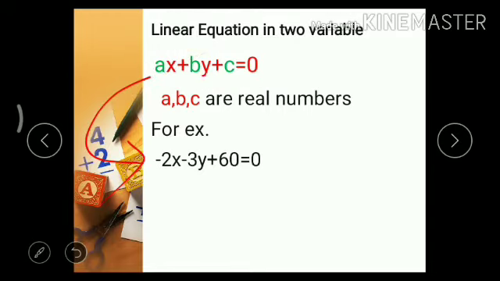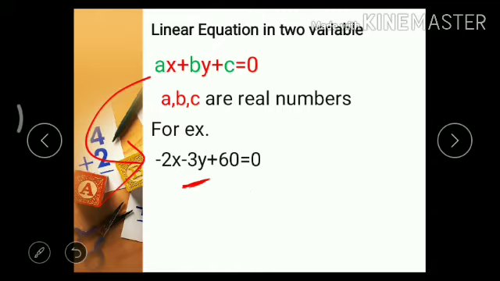Here ax should be there, but we have minus 2x, so a should be minus 2. Then it should be by, but here it is minus 3y, so b should be minus 3. And it has to be c, but it is 60, so c has to be 60.